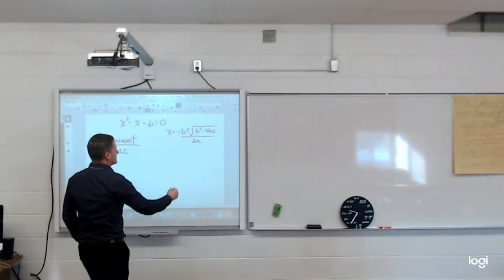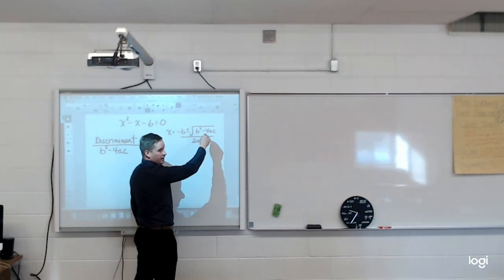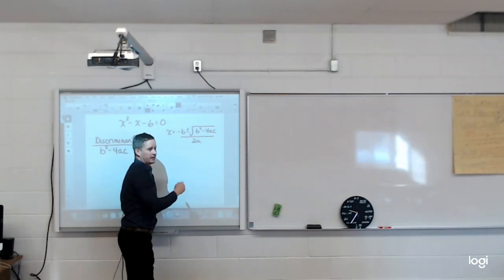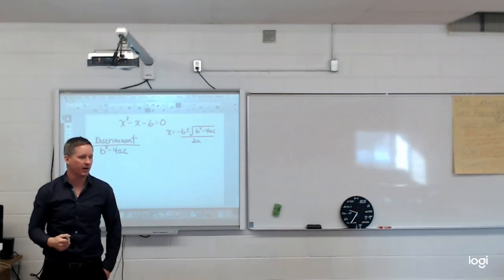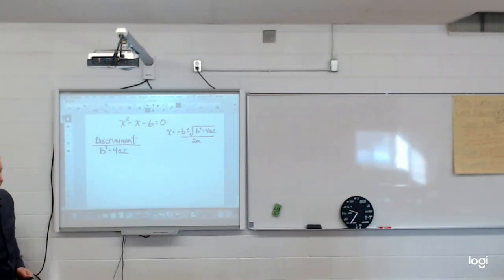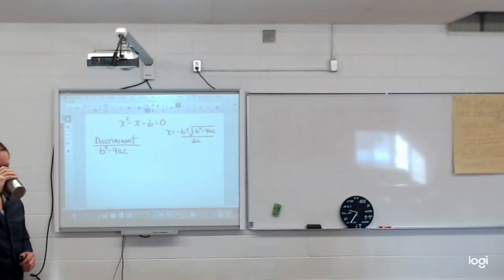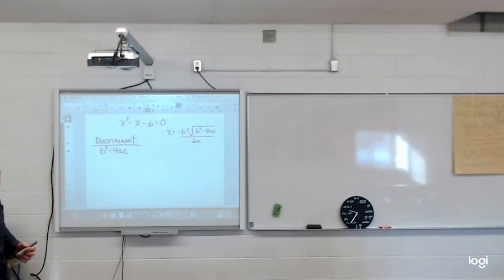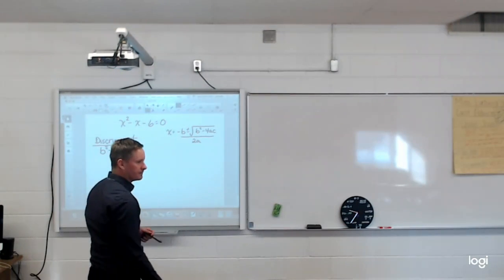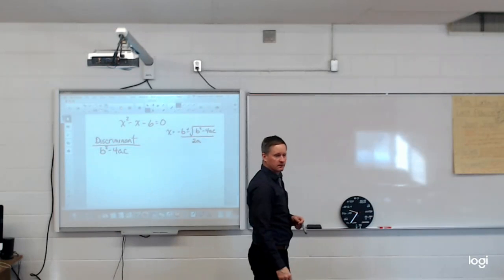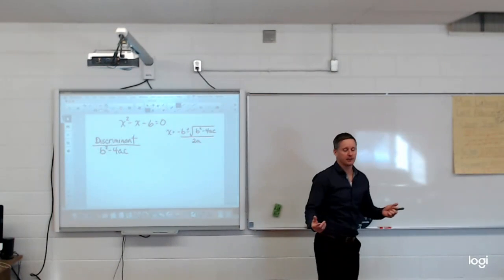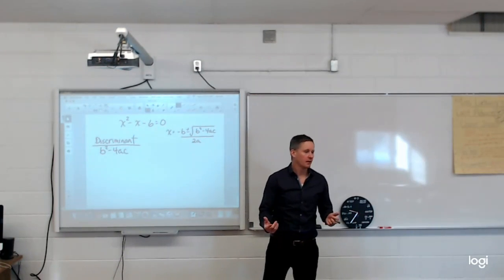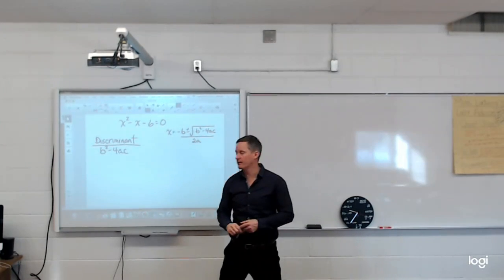Now, what happens if this becomes a negative number in here? What is the square root of any negative number? Can we take the square root of a negative number? What's the square root of negative 4? Error. Yeah, that's exactly right. There isn't one. You can't have a square root of a negative number.